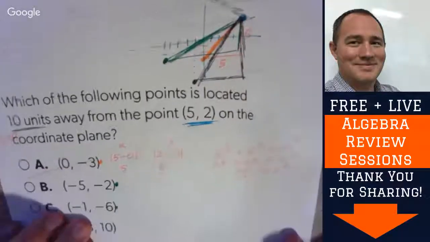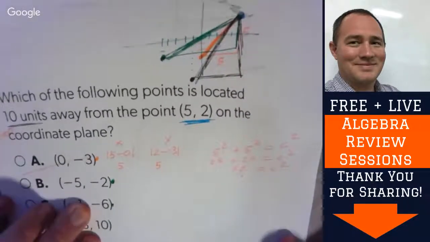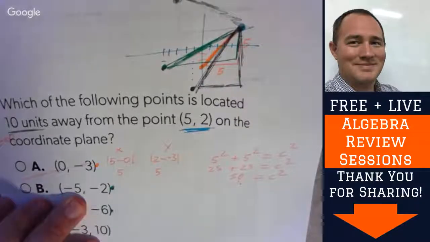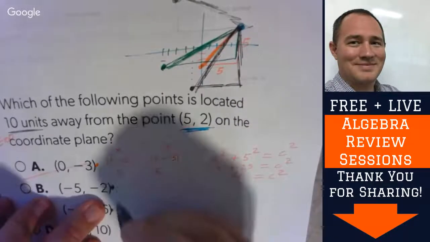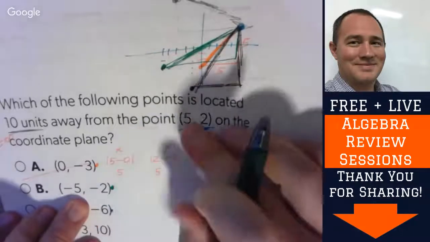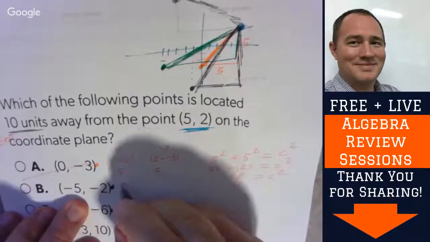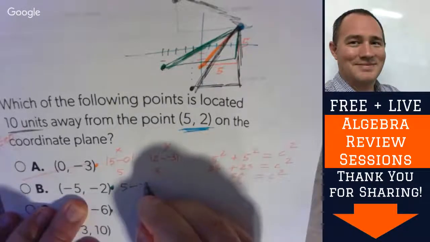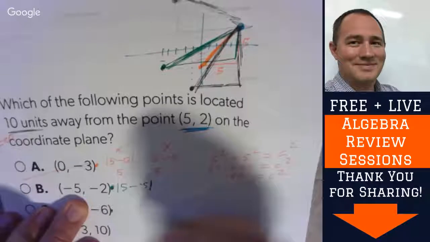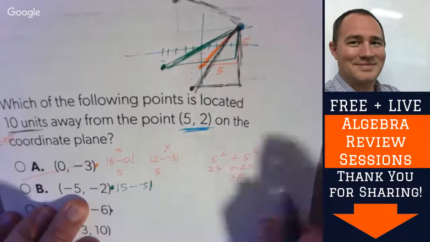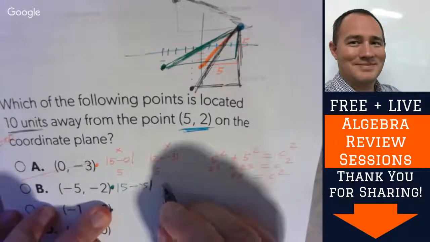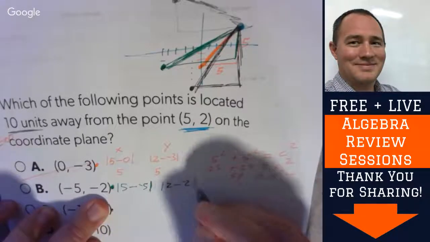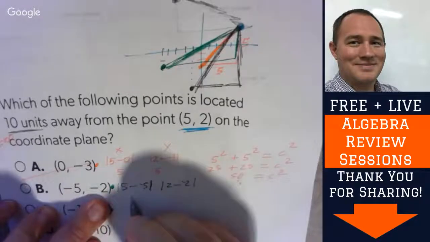So let's do the same process with B, which is the green triangle we made. Same thing. The x component is going to be 5 minus negative 5, absolute value of whatever that is. There's also 2 minus negative 2. So this is going to be 5 plus 5 is 10.